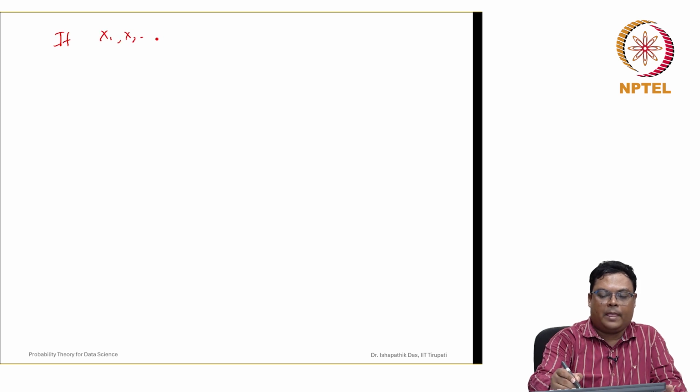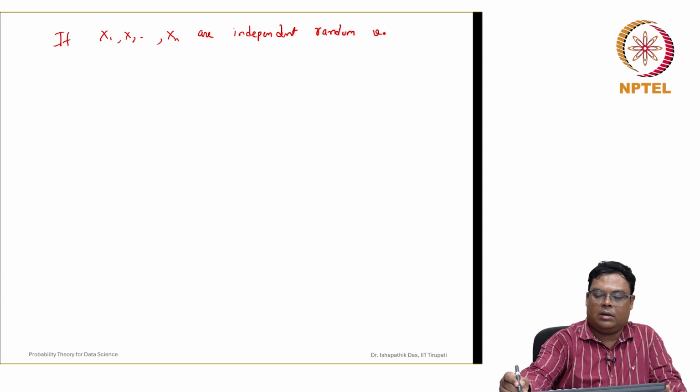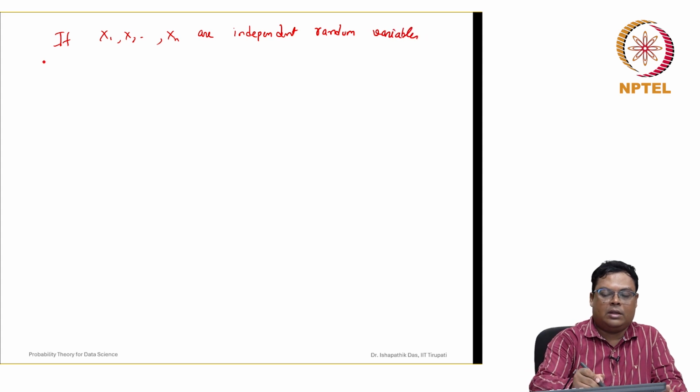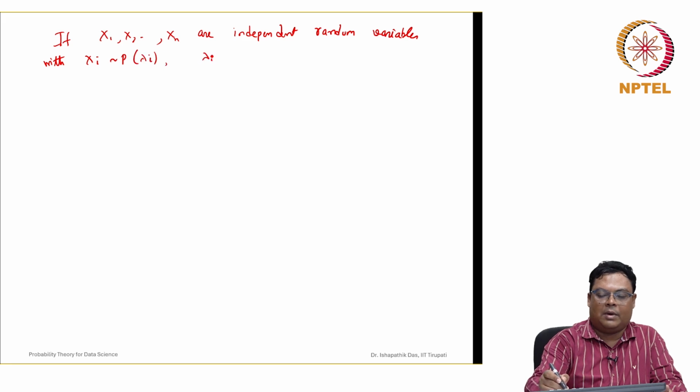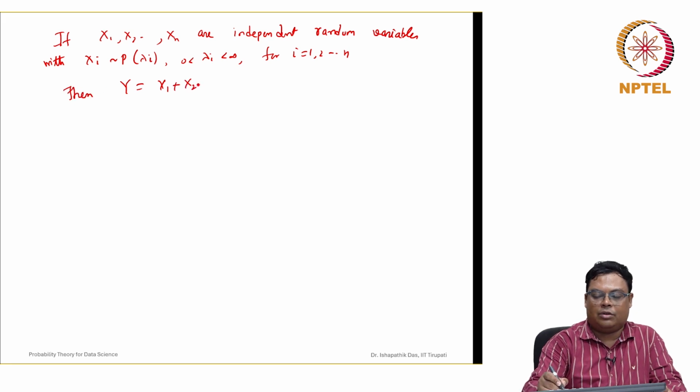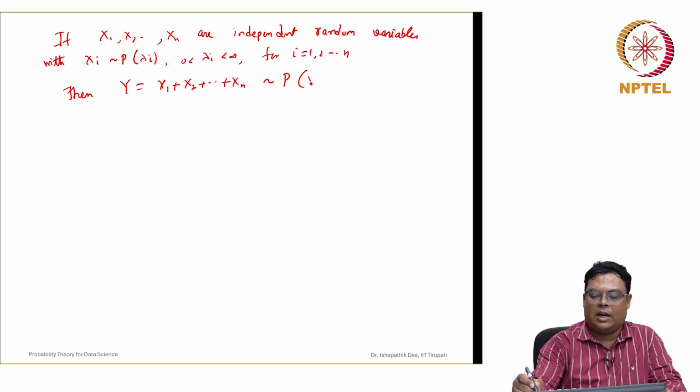if X1, X2, Xn are independent random variables with each X_i having Poisson distribution with parameter lambda_i, where lambda_i is greater than 0 and less than infinity, for i equal to 1 to n, then Y equal to X1 plus X2 plus Xn has Poisson distribution with parameter lambda 1 plus lambda 2 plus lambda n.